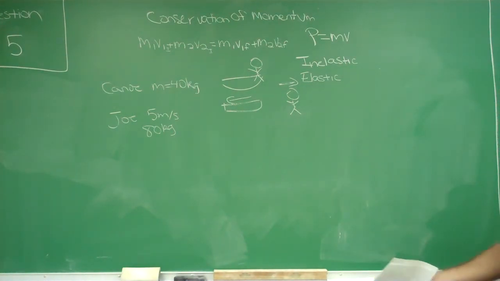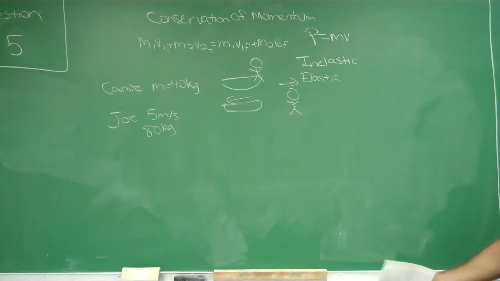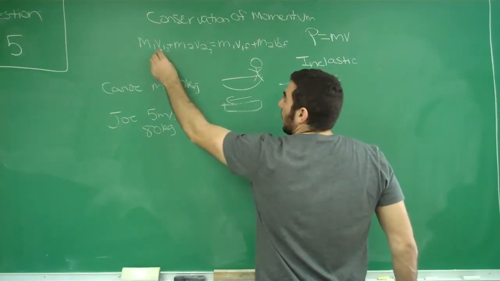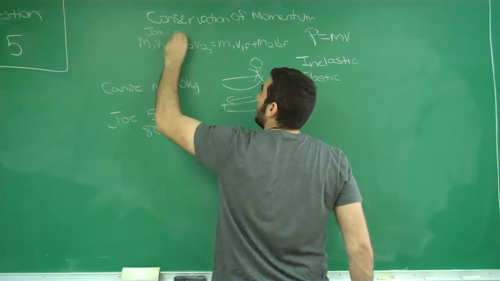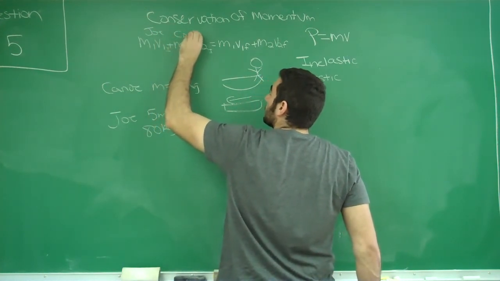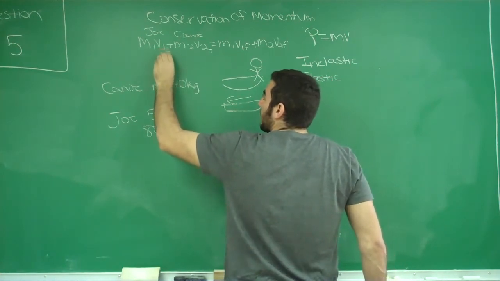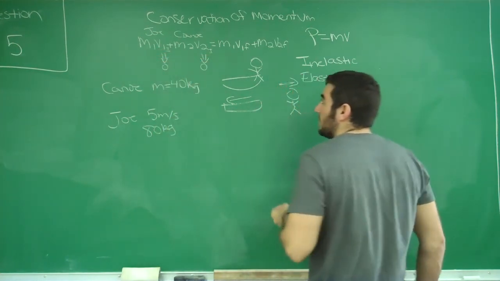But in this case, both Joe and the canoe had an initial velocity of 0. So, in this part of our equation, we can call Joe mass 1 and the canoe mass 2. So, both of them had velocities of 0 meters per second.